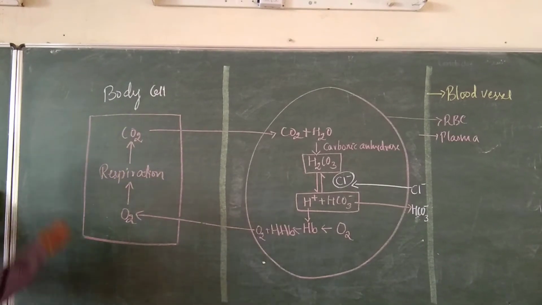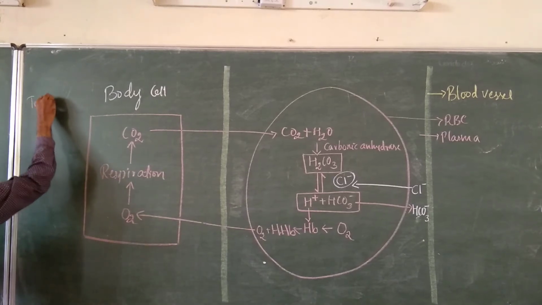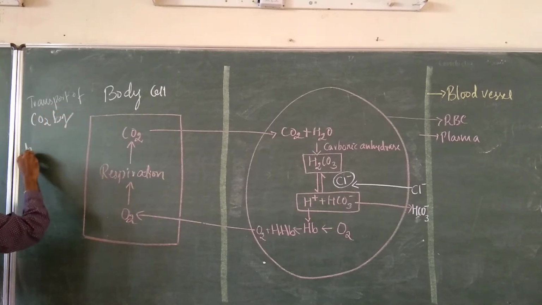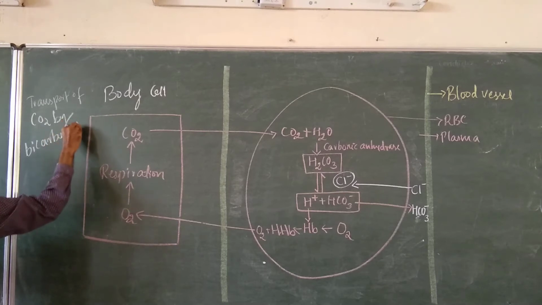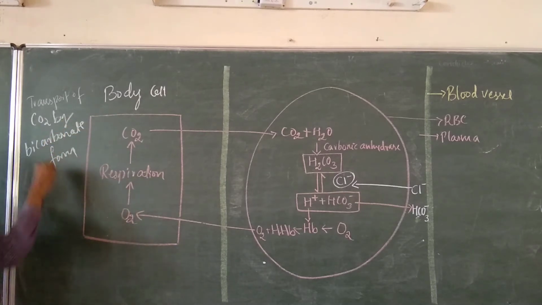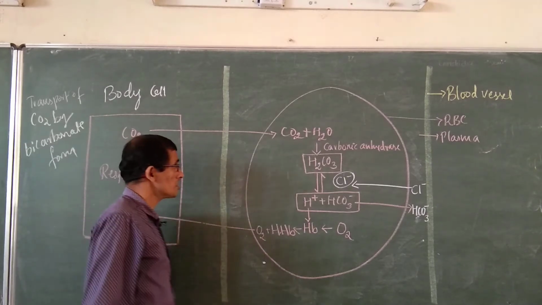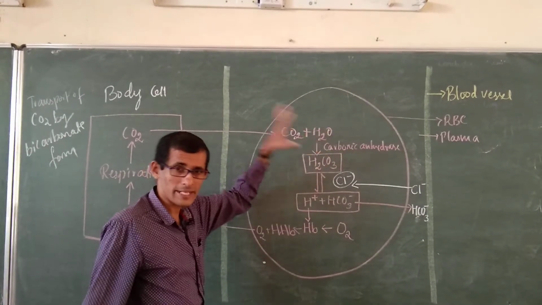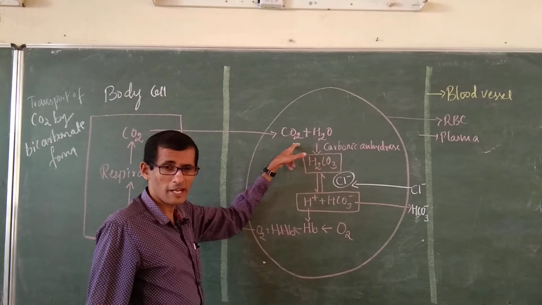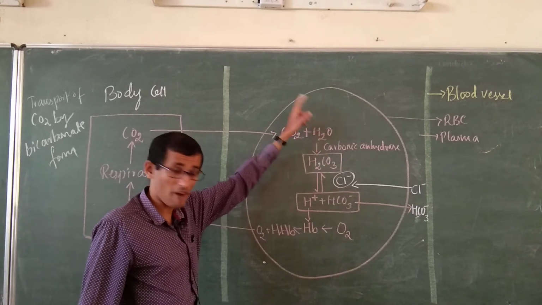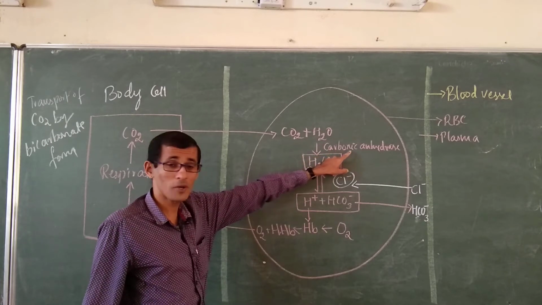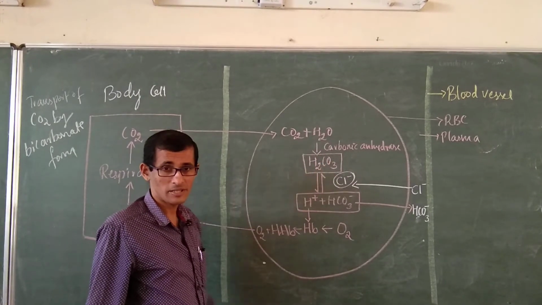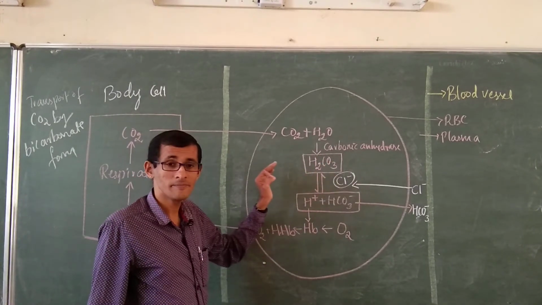So this is the representation for transport of carbon dioxide in bicarbonate form. Carbon dioxide combines with the water content of the RBC in the presence of the carbonic anhydrase enzyme, resulting in the formation of H2CO3, called carbonic acid.